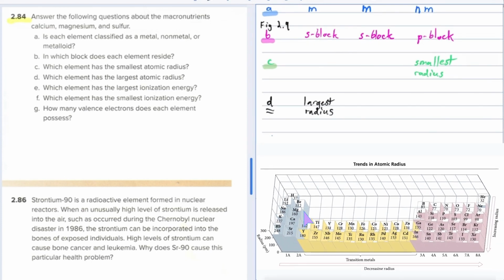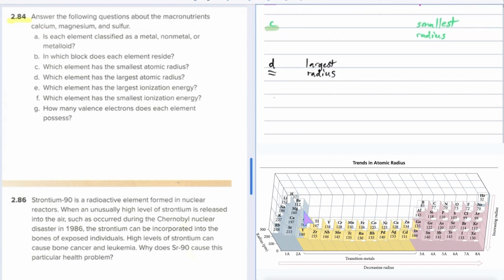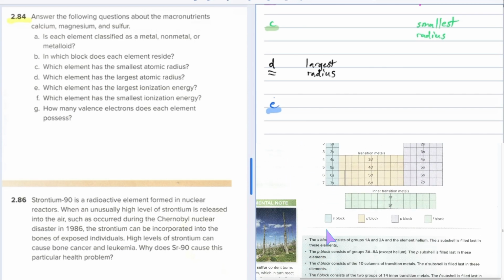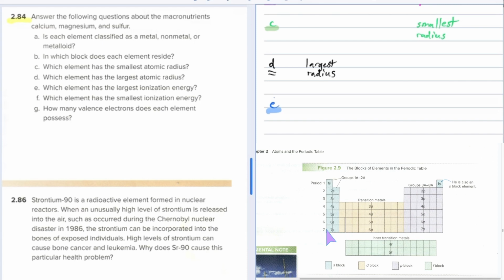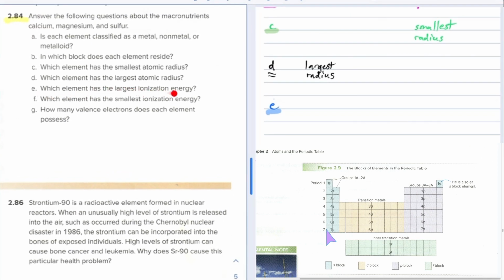And then F, whoops, E, I'm sorry. There we are. Which element has the largest ionization energy?